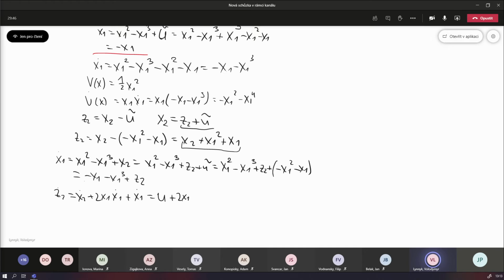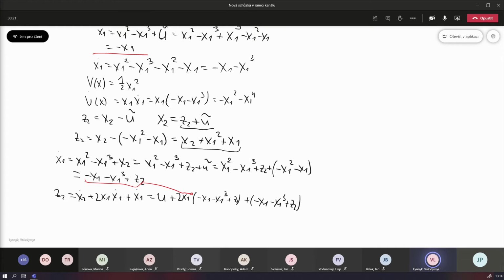this part, and this x1 dot is minus x1 cubed plus z2, plus x1 dot, and plus the same, minus x1 cubed plus z2.